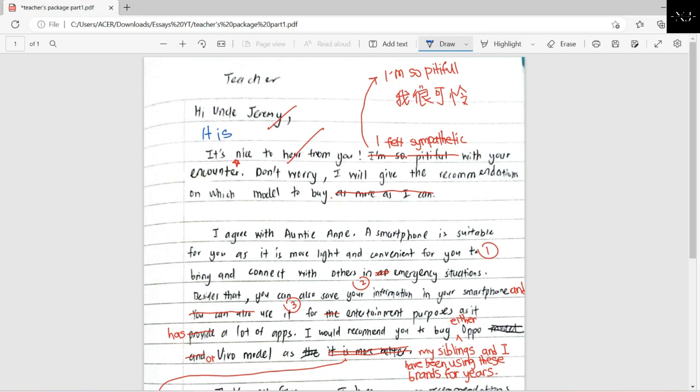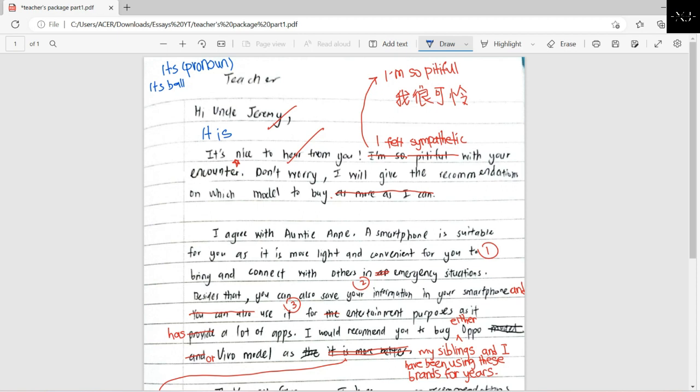Some people get it confused with "its", which is a pronoun, something that belongs to an animal or a non-living being. For example, "its ball": the ball belongs to this cat, so "its ball".